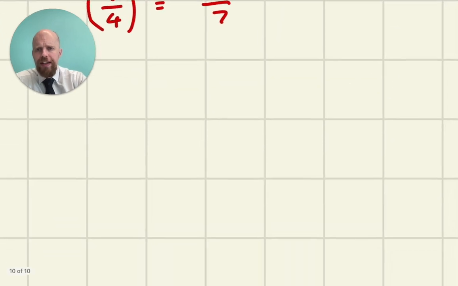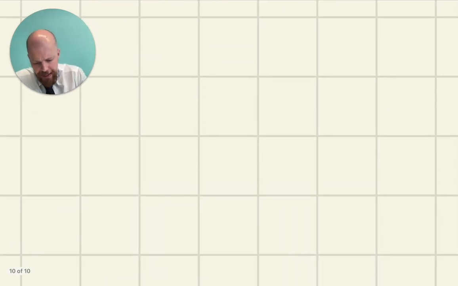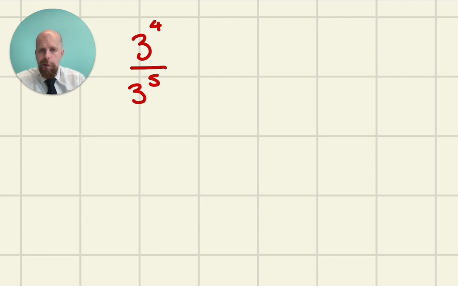To understand why this is the case, let's take a basic example of 3 to the power of 4 divided by 3 to the power 5. Now, if you use your indices laws and you subtract the powers because we're dividing, that will give 3 to the minus 1.